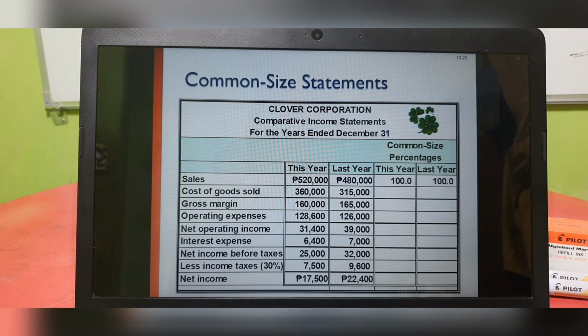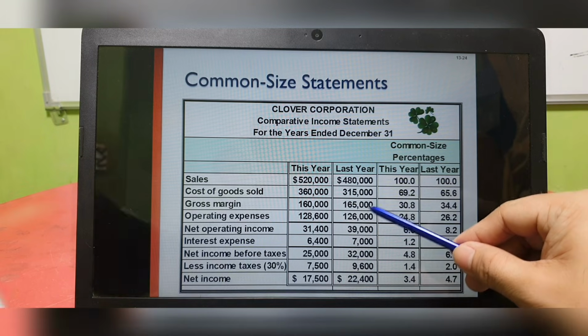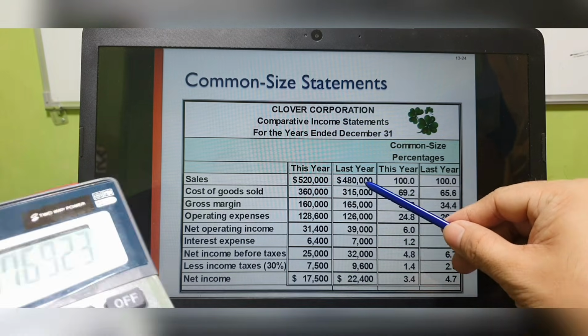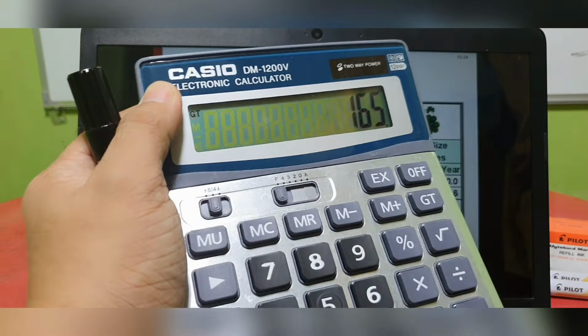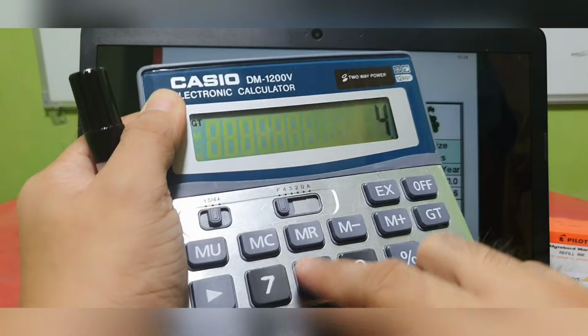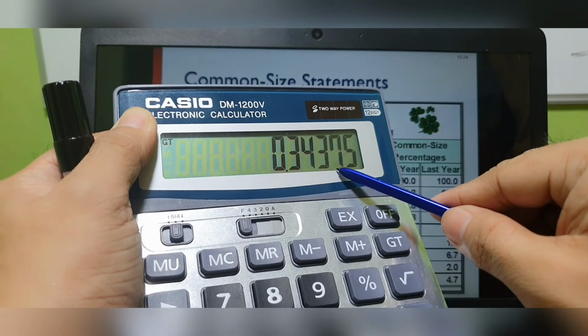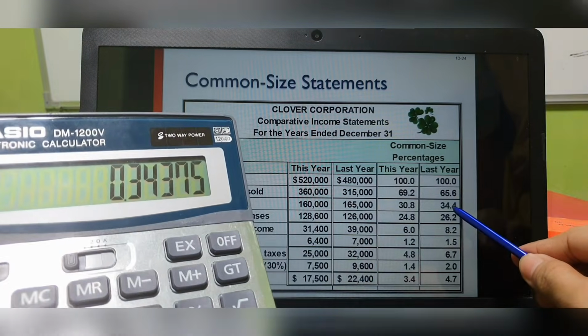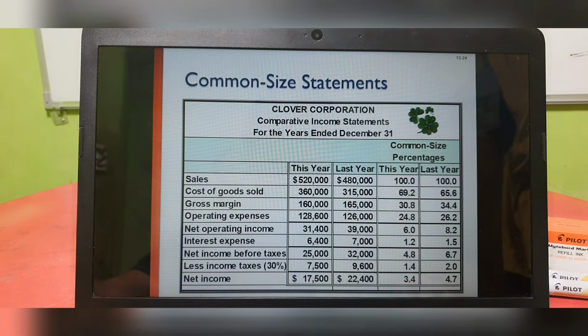After doing all of these operations, ito po yung magiging result natin. Let us check. Yung gross margin natin, 165 over 480. So that would be 165,000 divided by 480,000. Okay, so we have 34.38%. So here, 34.4%. Okay?